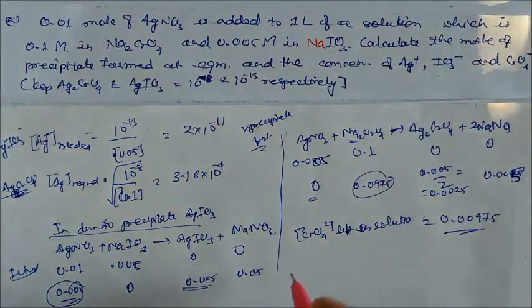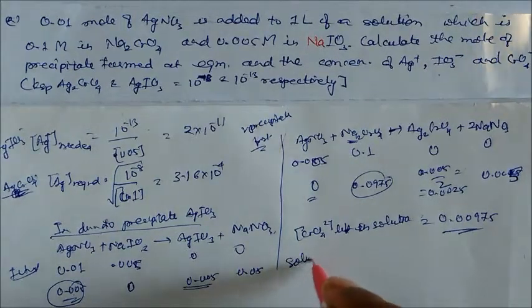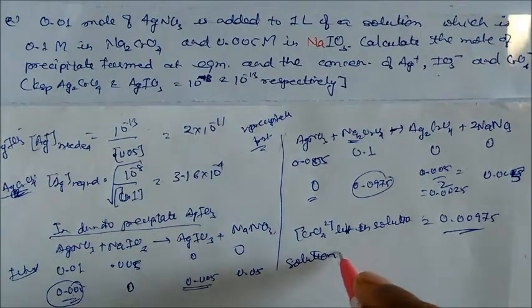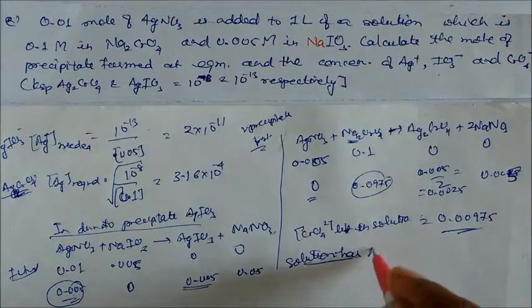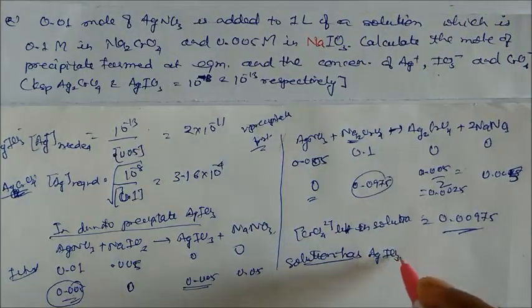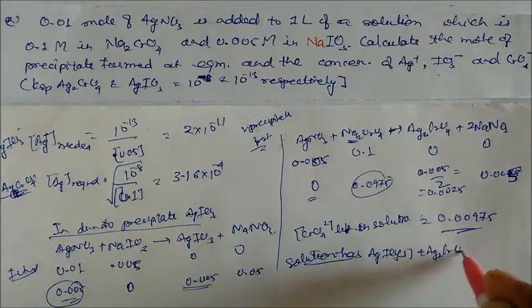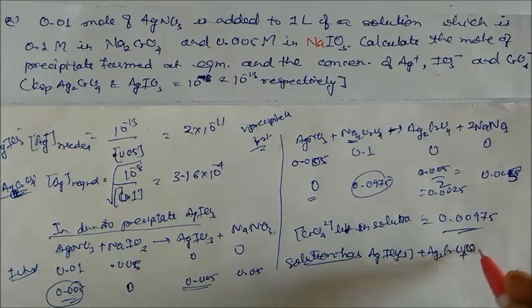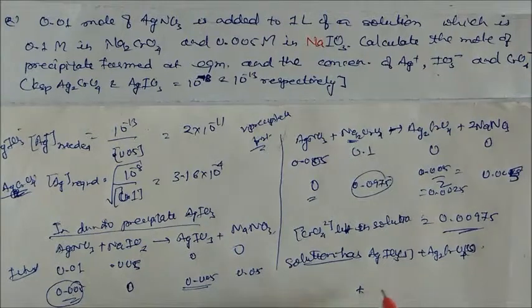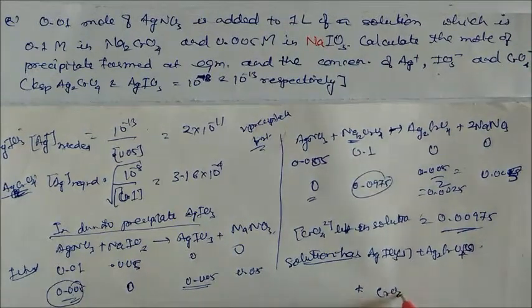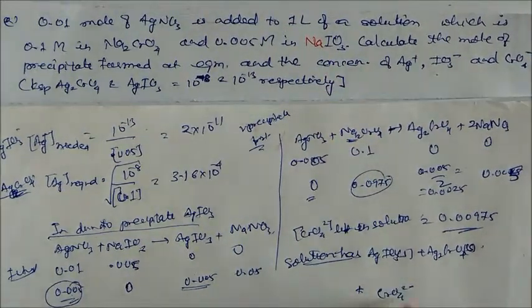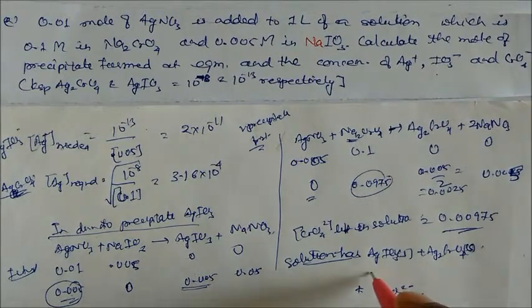Now which are the solution contents? Here the solution has AgIO3, which is in insoluble form. Next we have Ag2CrO4, also in insoluble form, and third we have CrO4 with sodium, which is in solution form.